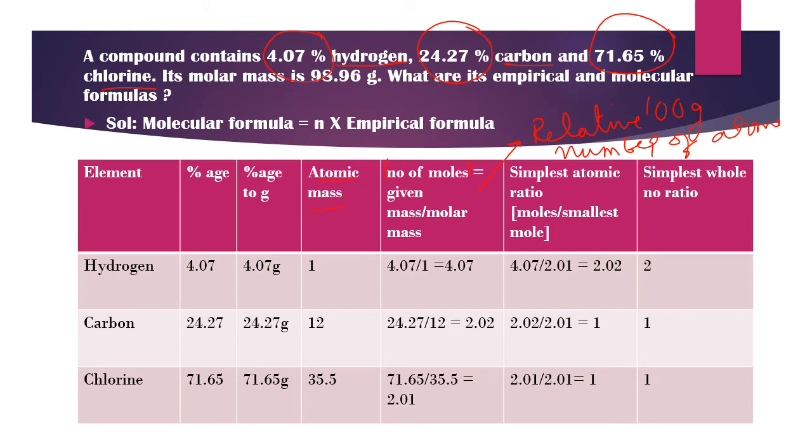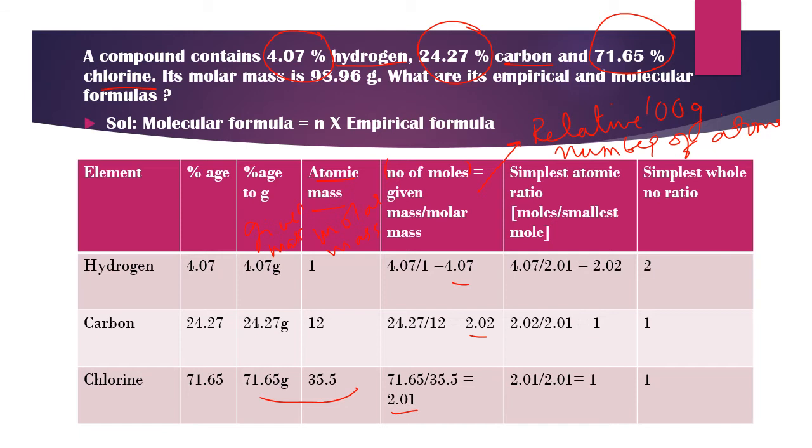So this is our given mass, the third column, and our fourth column is the molar mass. So 4.07 by 1, 24.27 by 12, 71.65 by 35.5. So we find the number of moles.